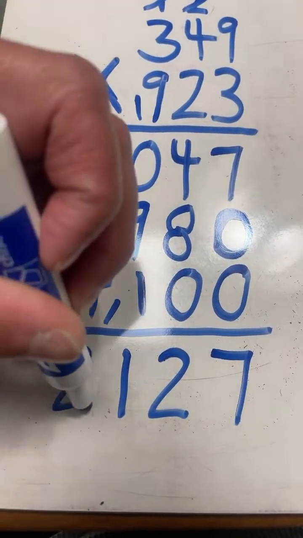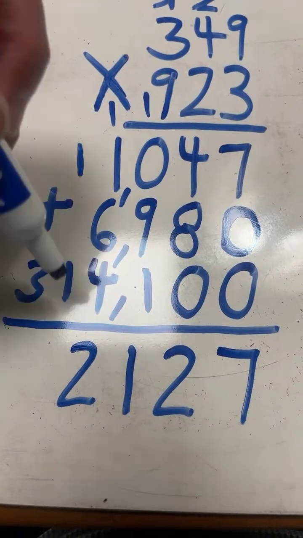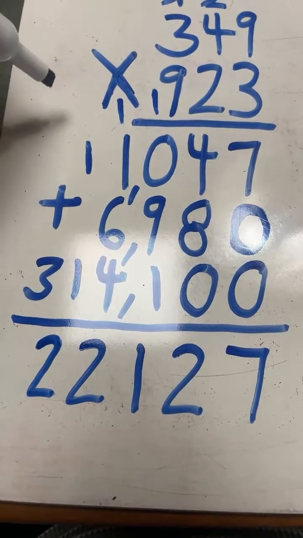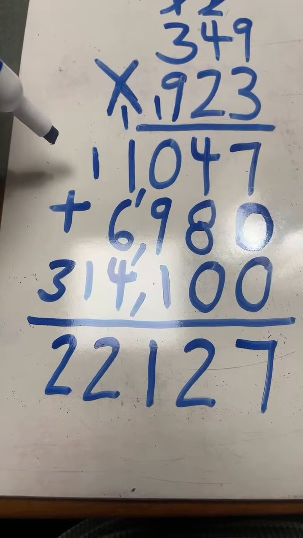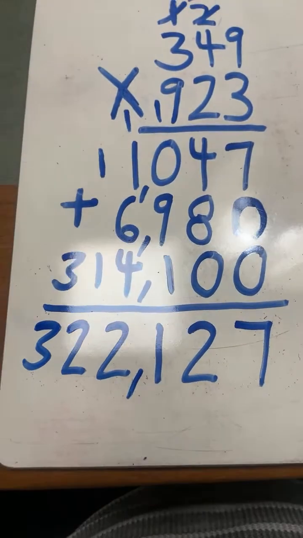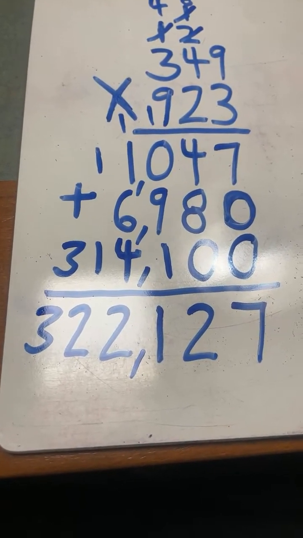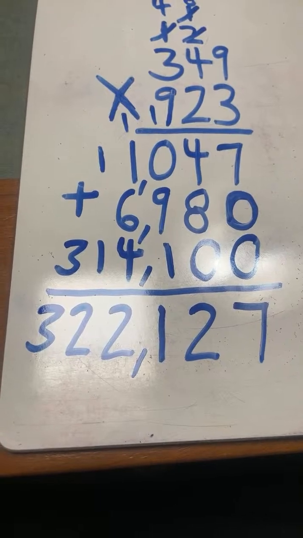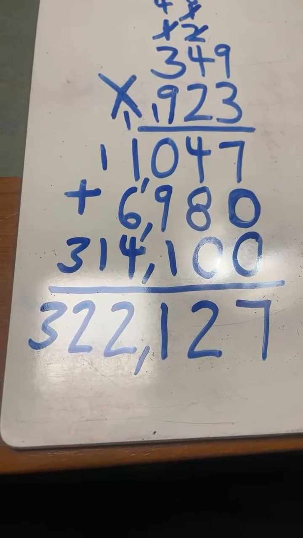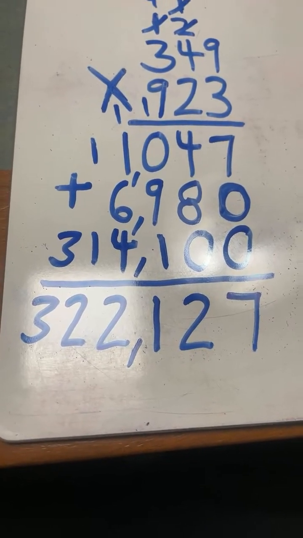Plus 4 equals 12. 2, carry the 1. 1 plus 1 equals 2. 0 plus 0 plus 3 equals 3. And we have our final answer. 349 times 923 equals 322,127.